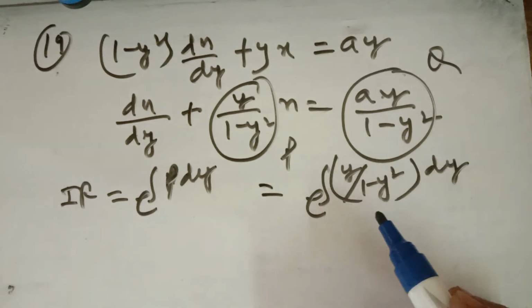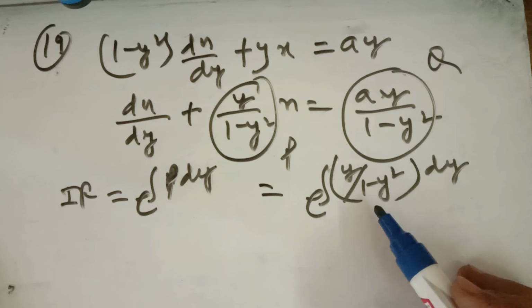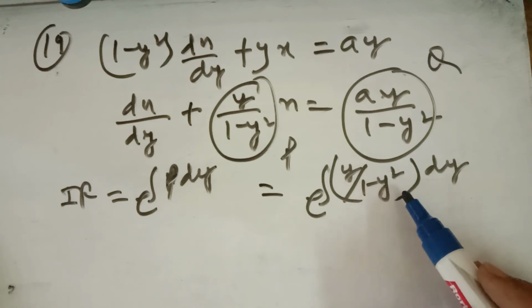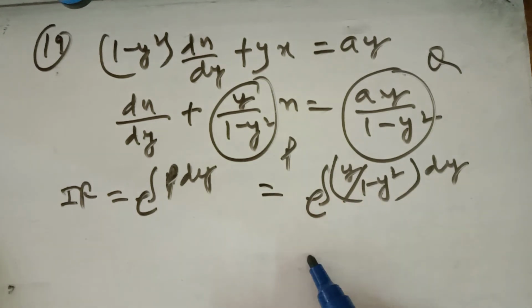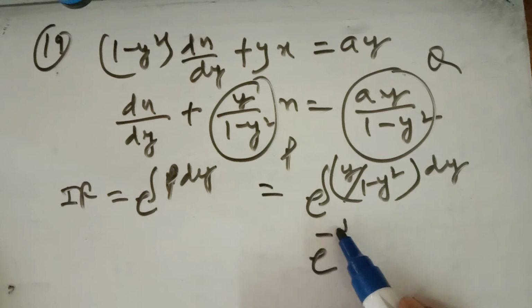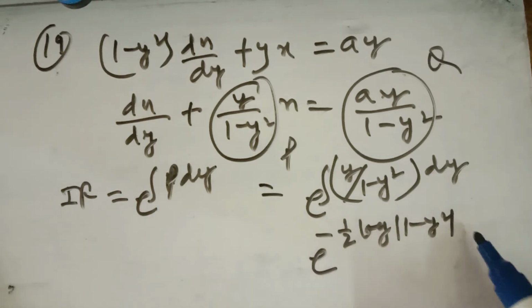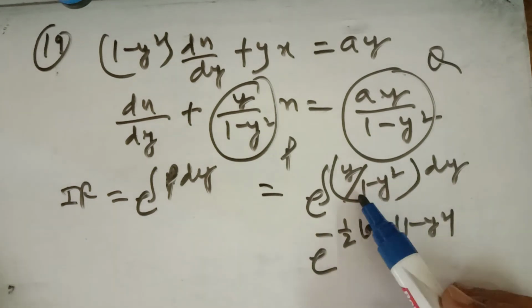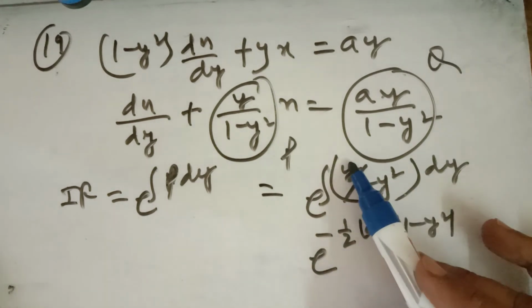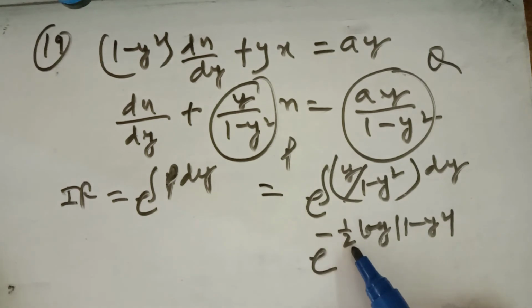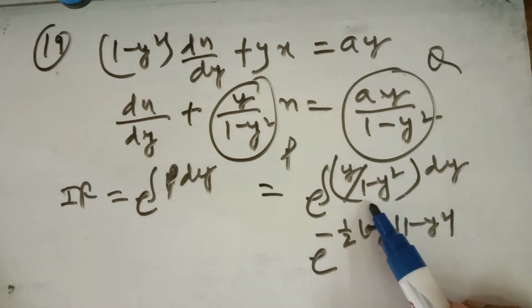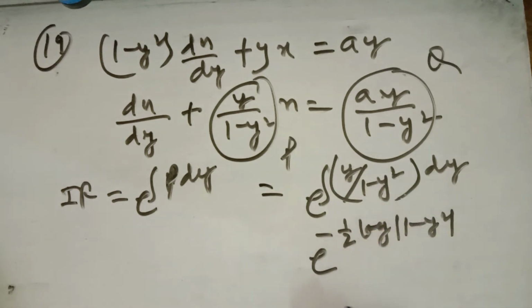Now you can integrate y upon 1 minus y square by letting 1 minus y square equal to t, and you will get the integration as minus half log of 1 minus y square. You take your time to integrate it. You let 1 minus y square be t, the y will be cancelled out, minus 1 by 2 will be outside the integral, and the integration of 1 upon t gives log t.